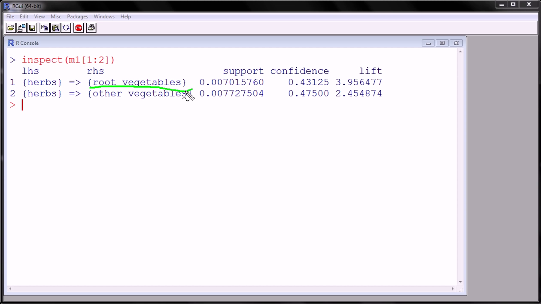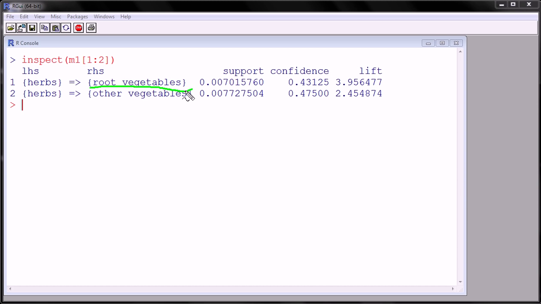So we might want to sort our rules to have the rules with the highest lift at the top, and let's just look at those rules. Once again, lift is how much more likely an item is to be purchased relative to its general purchase rate, given that you know you have this other item that you purchased it with.